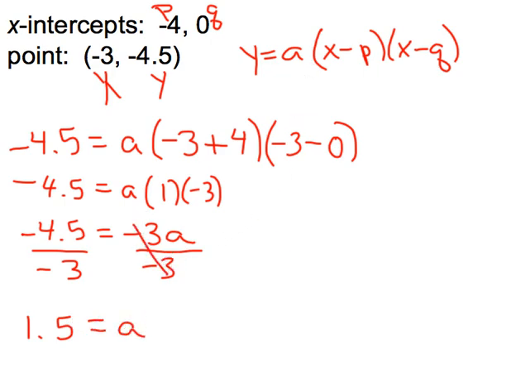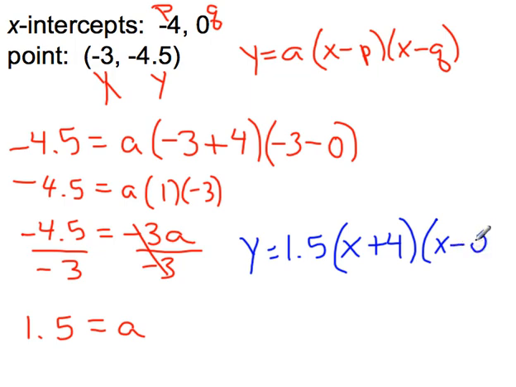So now let's go ahead and rewrite the equation by plugging in the a. y equals a is 1.5 times x, and again, p is never going to change. The x-intercepts always stay the same. And again, I'm thinking opposite, so this will be plus 4, and then we'd have x minus 0. Okay?